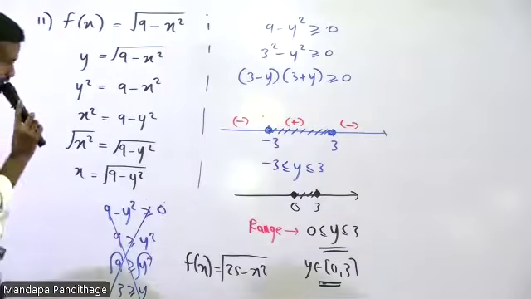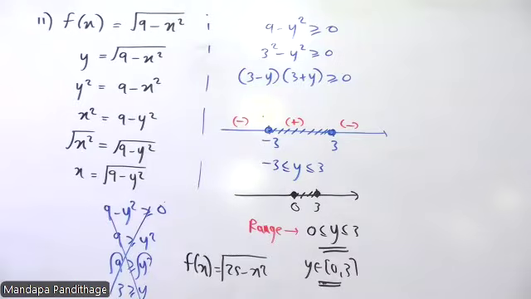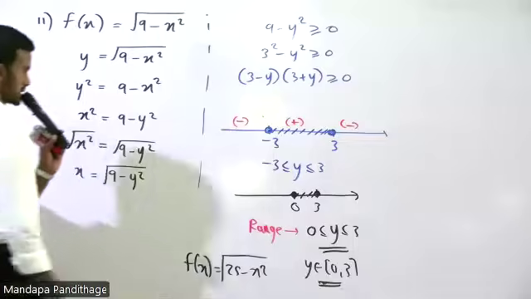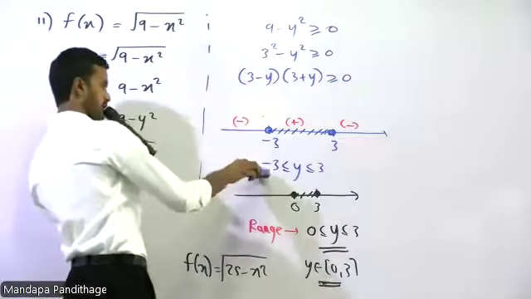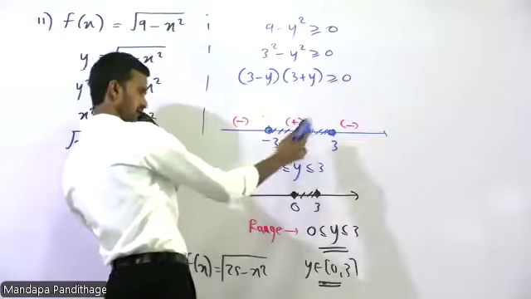Whatever answer you get for the range, you only have to consider the positive side. This is an intermediate answer we get for the range, that it is between minus 3 and 3.